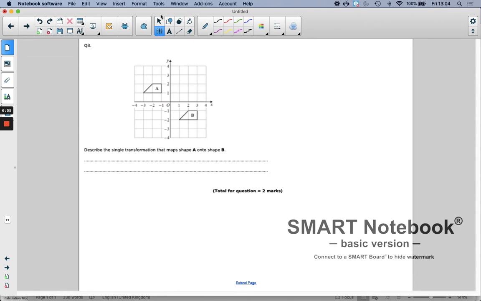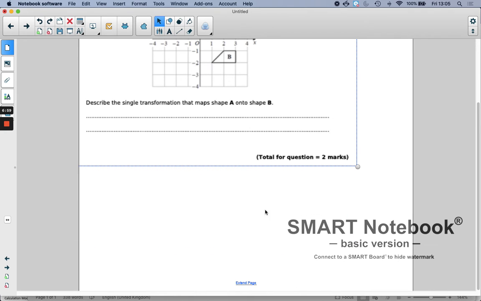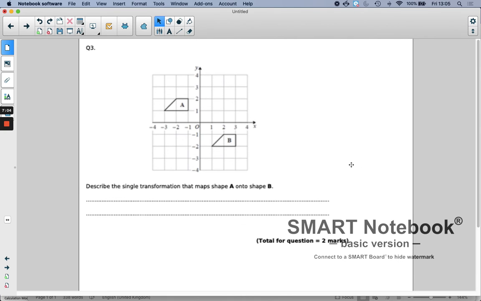Question 3. We want to describe the single transformation that maps A onto B. For this question, we should notice that A has not rotated, so the orientation is the same.